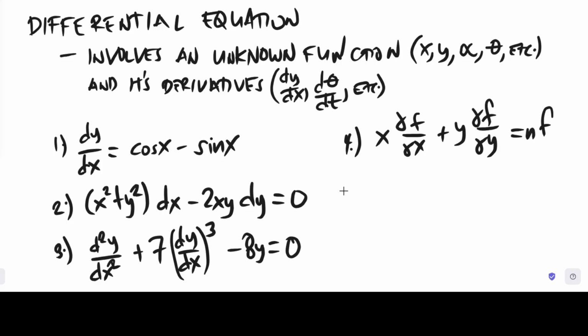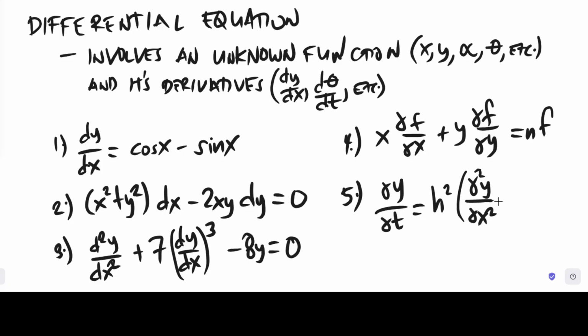And the last example of a DE, we have here the partial derivative of y in terms of t is equal to h squared times the second partial derivative of y in terms of x plus the second partial derivative of u in terms of y.